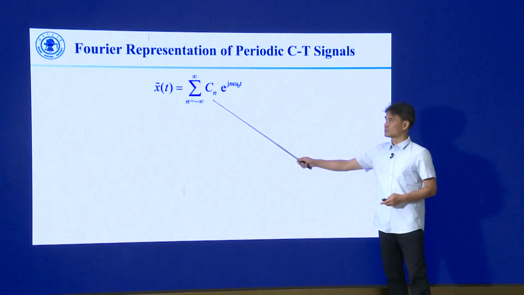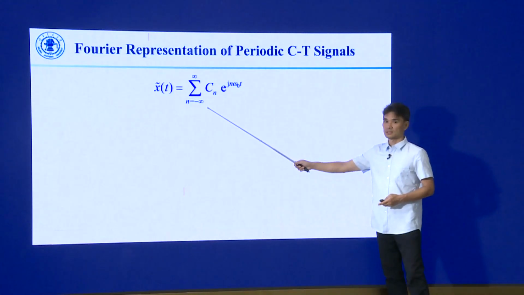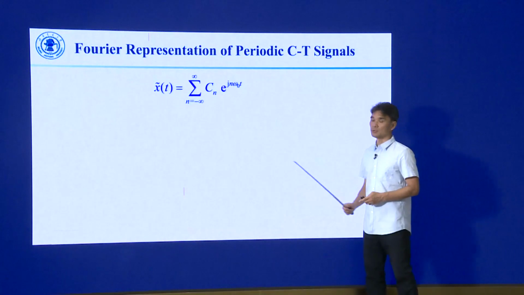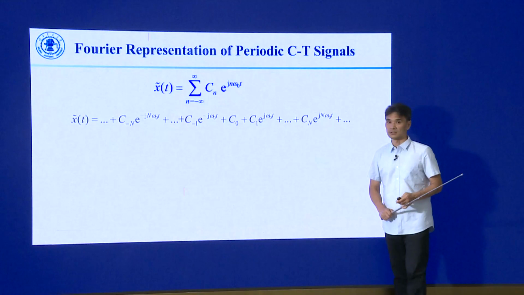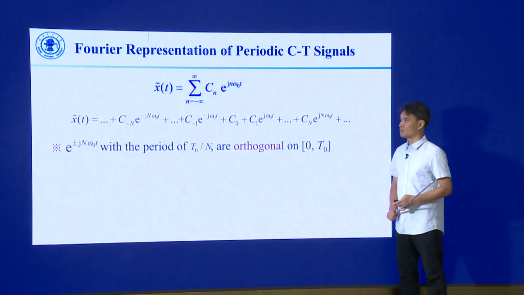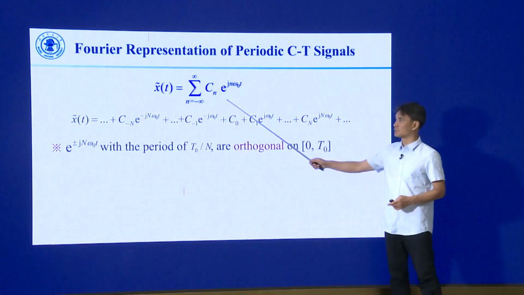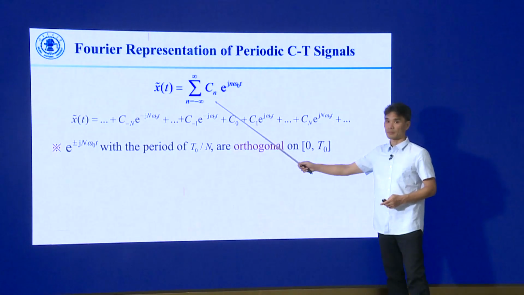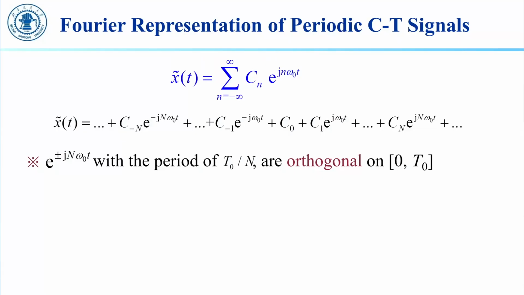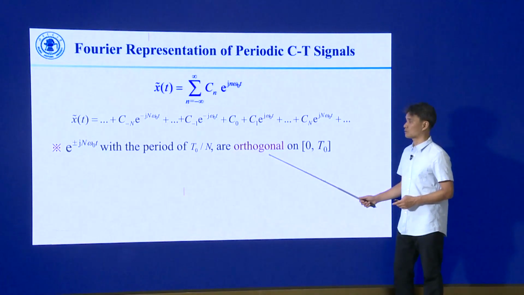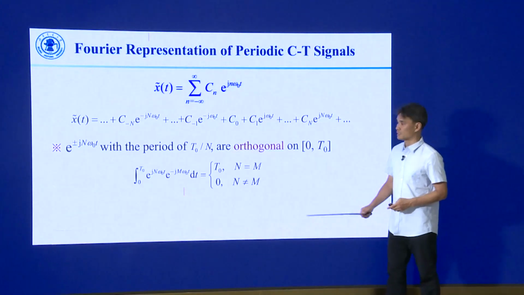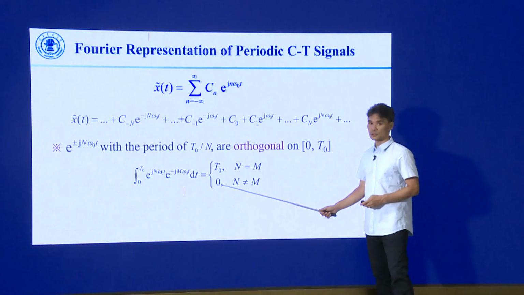We have this Fourier series. This is the signal decomposition, and this is the coefficient of the continuous time Fourier series. But how can we calculate the coefficient here? Based on orthogonality, because the imaginary exponential signals are a complete set of orthogonal signals, they satisfy this condition.